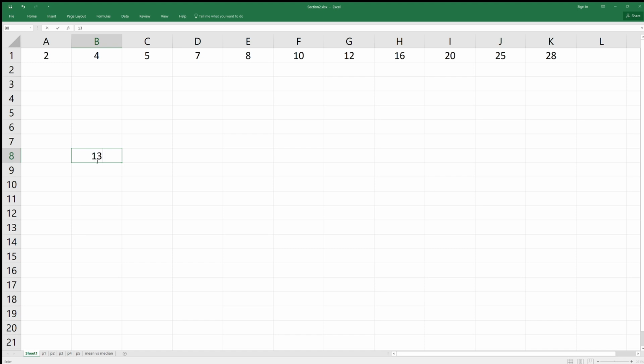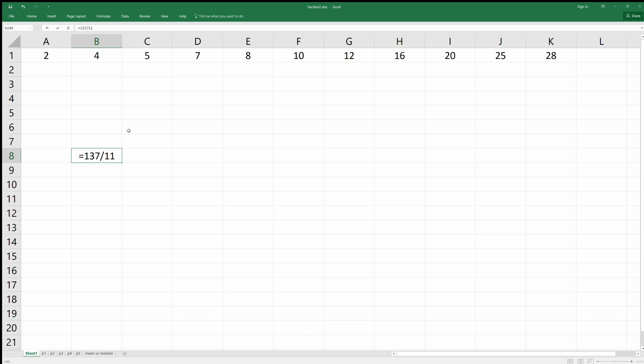So 137 divided by 11. So the mean: add up all the numbers and divide by how many you got. 137 divided by 11 on the calculator is 12.45 repeating. I'm really trying not to use Excel here because I'm not trying to teach you Excel.